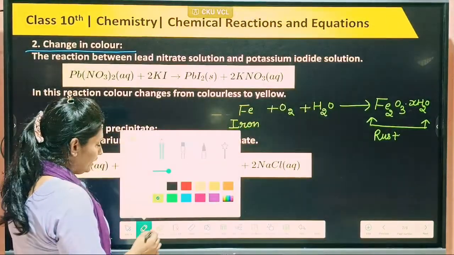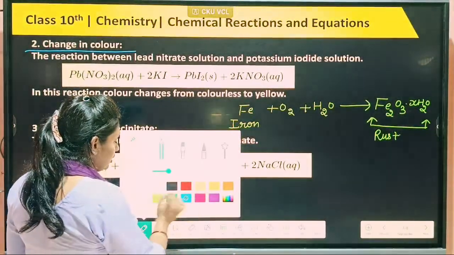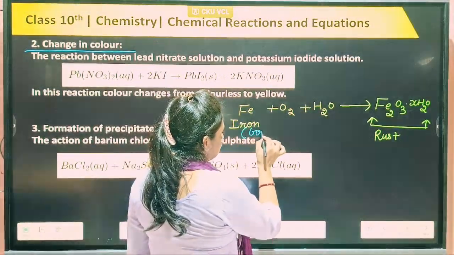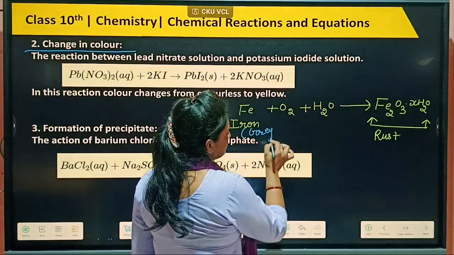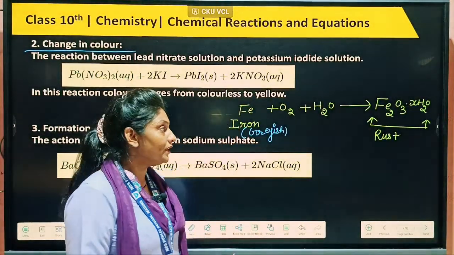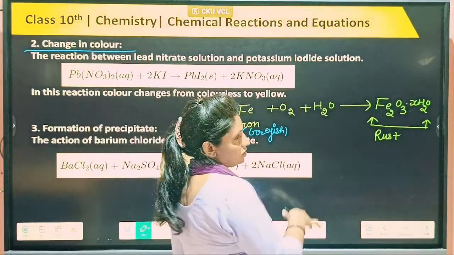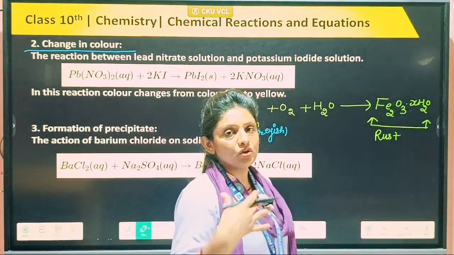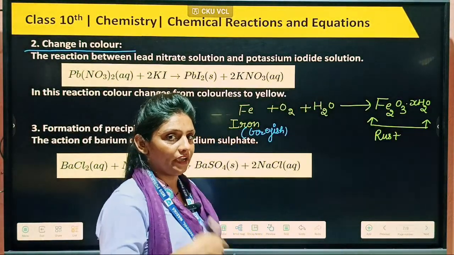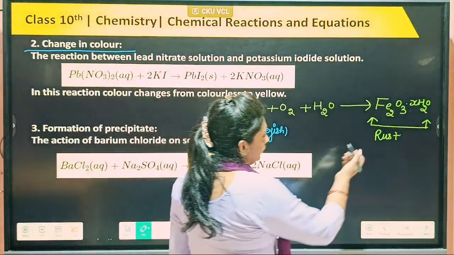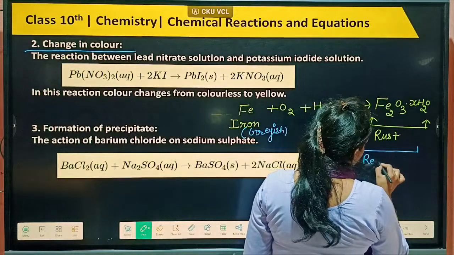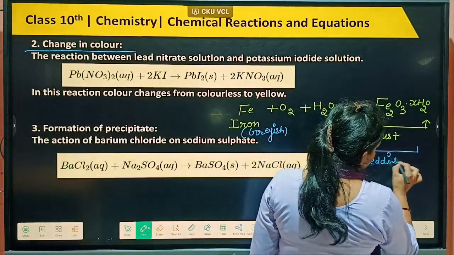Students, you know very well about the color of iron. It is grayish. Iron has grayish color. But students, after oxidation, oxidation means reaction with oxygen, addition of oxygen, after reaction with oxygen, it forms a layer of reddish brown color.